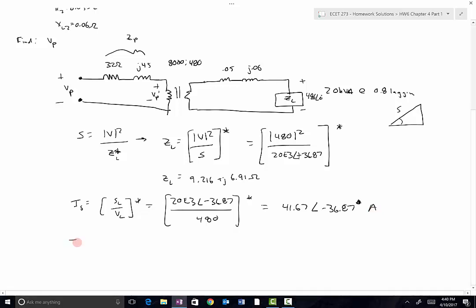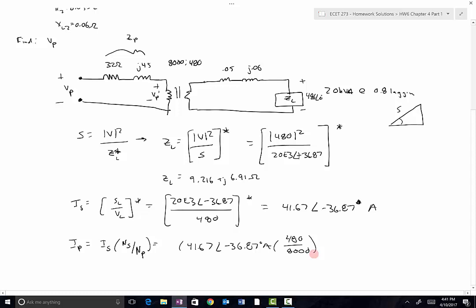The current in the primary is going to be equal to the current in the secondary times NS over NP. So that's 41.67 at an angle of negative 36.87 degrees amps times NS, which is the secondary number of turns, divided by NP, the primary number of turns.